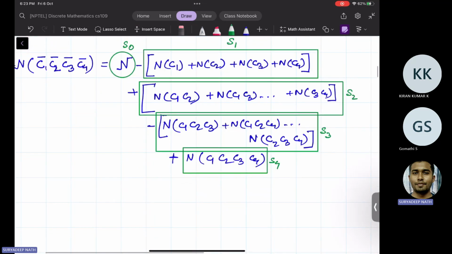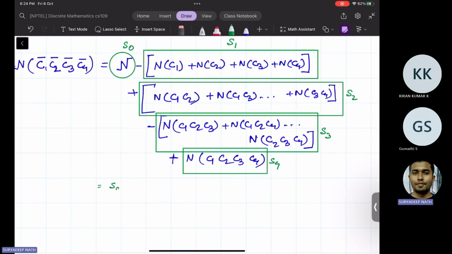So that gives us S0 minus S1 plus S2 minus S3 plus S4.